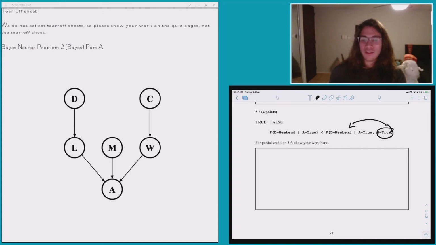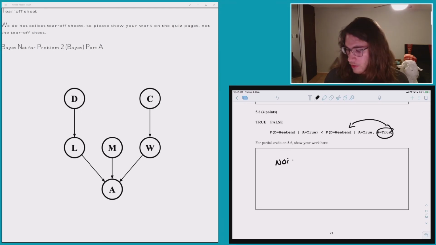It's more likely during the weekend if there are more factors against it going on, such as your friends having work. But this is a discussion that borders on the line of out of scope of 6034, because we start encountering noisy or versus noisy and terminology.